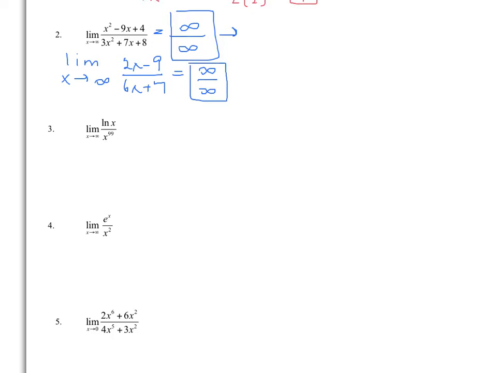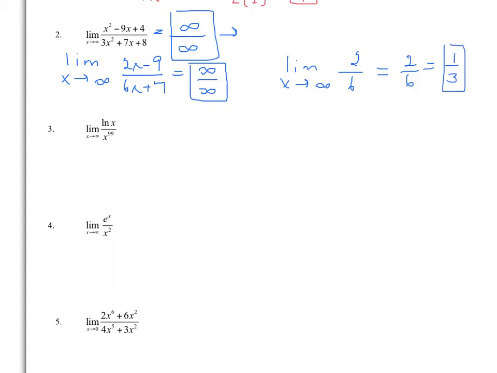Well, let's see what happens if we try taking the derivative again. We're just going to get 2 over 6. And the limit as x approaches infinity of 2 over 6 is 2 over 6, which is also 1/3.